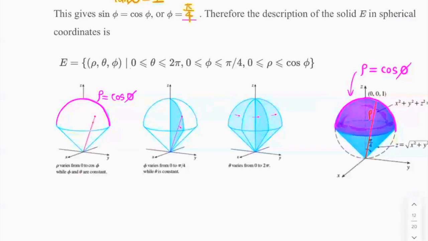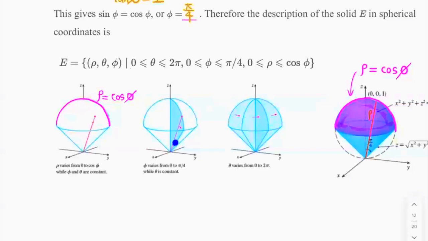And now we let phi vary from 0. Over here, phi is equal to 0 for this one, and then it's going to go to pi over 4. So it opens up like a fan. So this ray over here is going to sweep out this blue region over here.